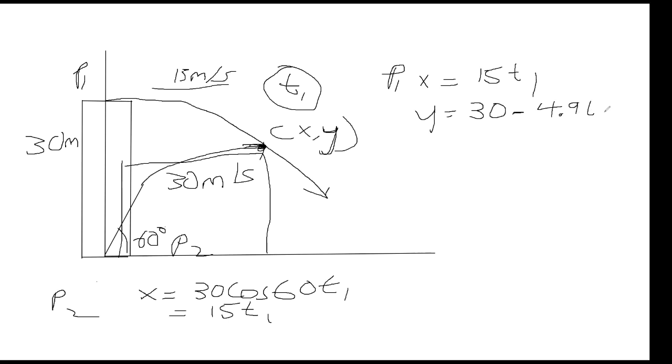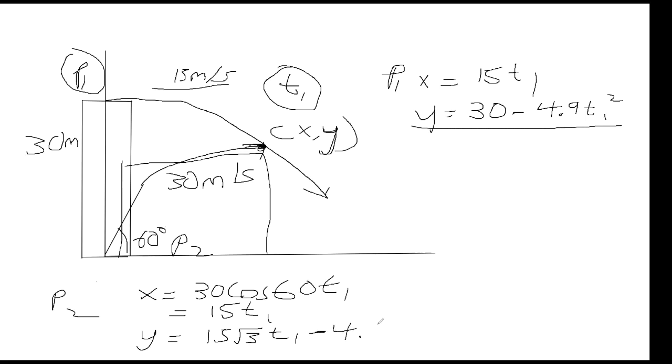These are the equations for projectile 1. Meanwhile, for projectile 2, 30 sine 60, which is 15 root 3, times T1 minus 4.9 T1 squared, right?